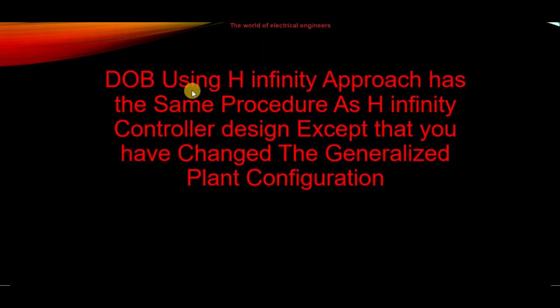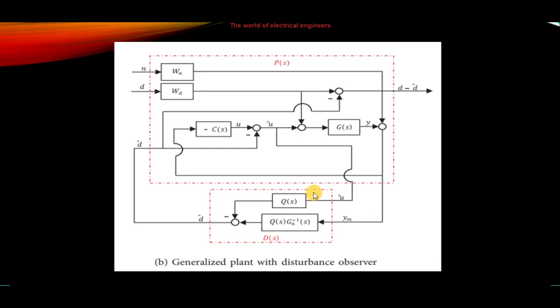The disturbance observer using the H-infinity approach has the same procedure as the H-infinity controller design, except that you have to change the generalized plant configuration. This is the generalized plant configuration for disturbance observer design.